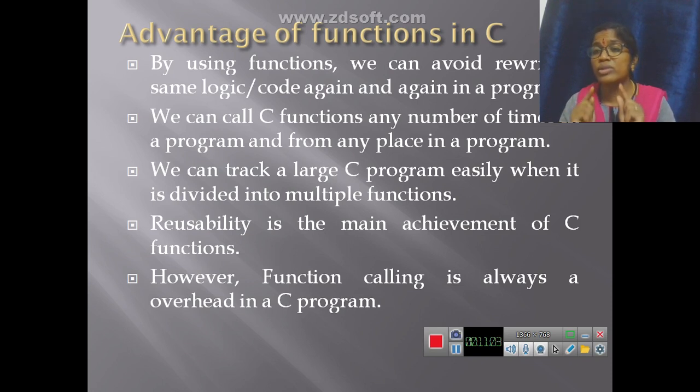But you can write only 15 lines and call it 10 times. So reusability is the main achievement of C functions. However, C function calling is always an overhead in a C program. So it is a disadvantage.